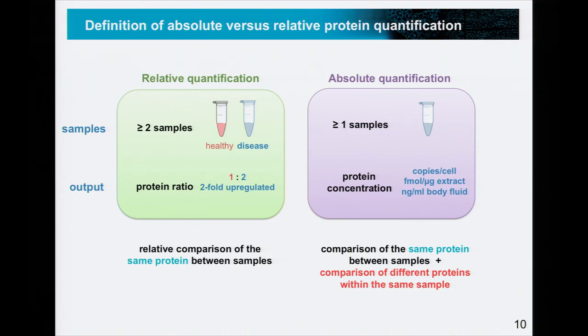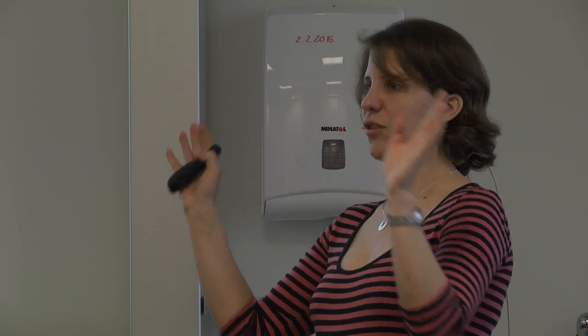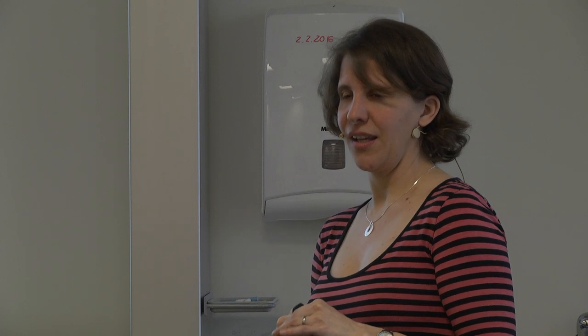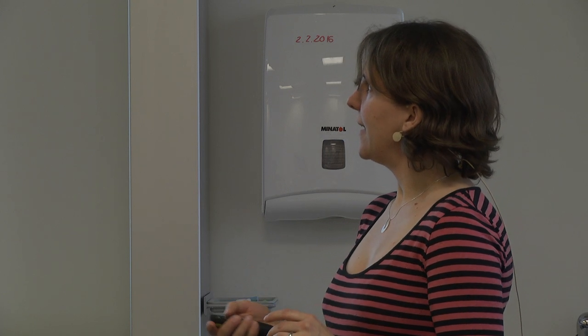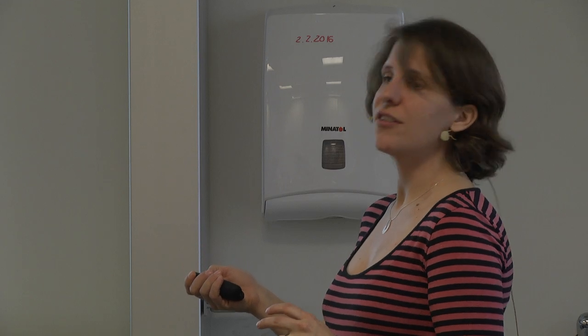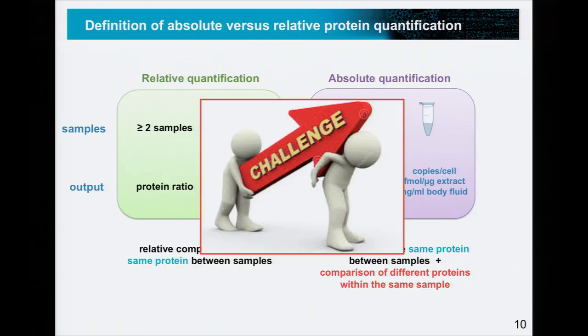And this last point is something that you cannot do with relative, only with absolute data. Is that clear? So if this is the case, and we have this nice additional feature with absolute data, why shouldn't we all stop doing relative quantification and just do absolute quantification? But actually this is not a very good idea, because the analytical challenges that you face when you do absolute quantification are much higher than with relative quantification.